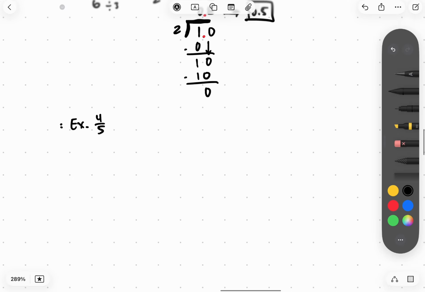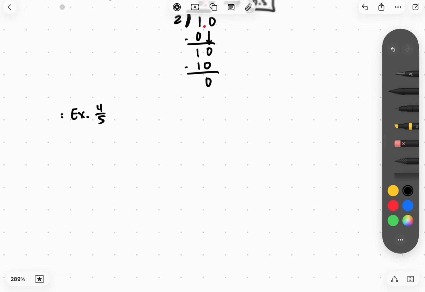So the example of 4 over 5, well, because it can't simplify, let's just jump straight into this. I'm going to have that bracket symbol. And then I have in and out, so 4 and 5 on the outside. 5 can go 0 times, so I put a 0 there because it's 0 times 5 minus, and I have the 4 back down here.